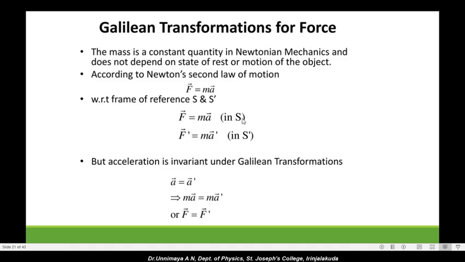So in S we get F is equal to ma, and in the S prime frame we get F prime is equal to ma prime. But we know that acceleration is invariant under Galilean transformation, that is A prime is equal to A. So since m is a constant, ma prime is equal to ma, or F prime is equal to F. This means that Newton's second law is invariant under Galilean transformation equations.